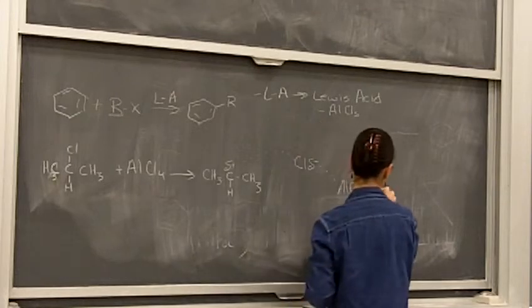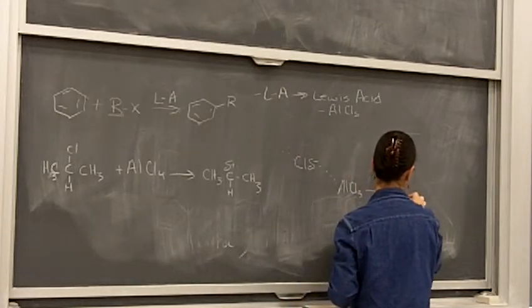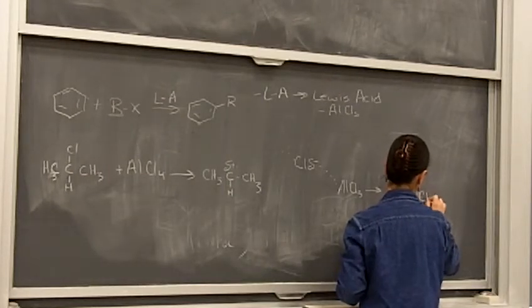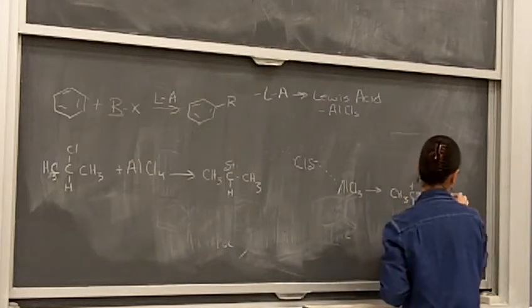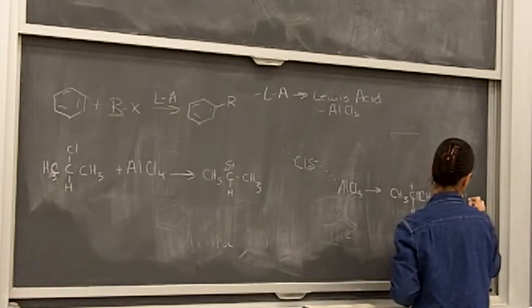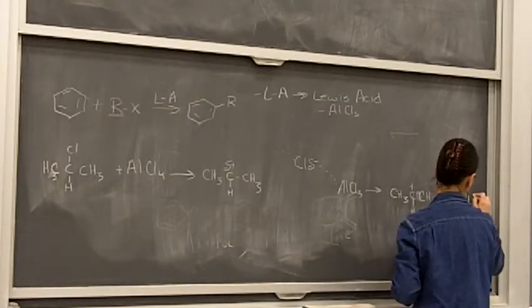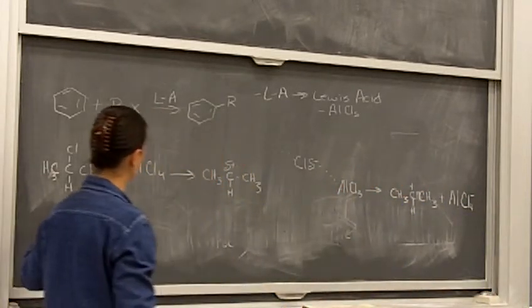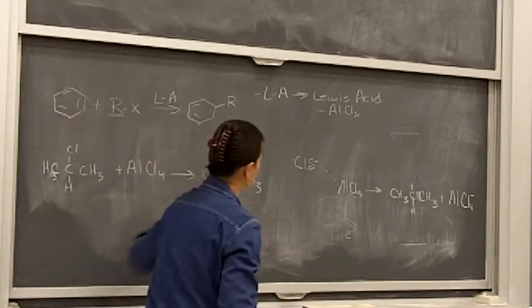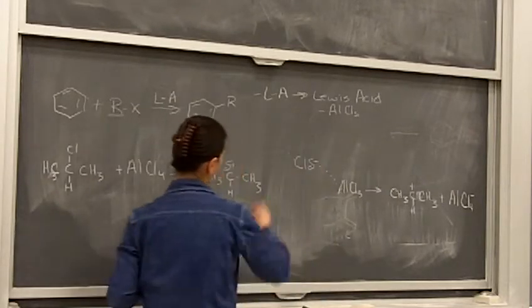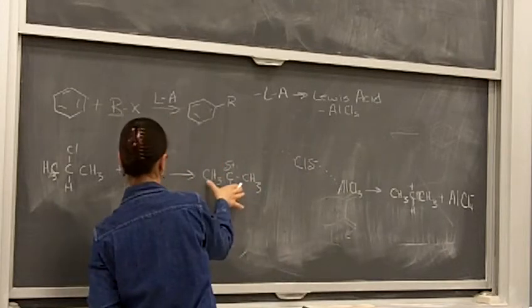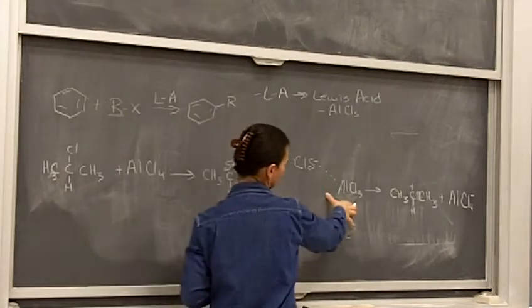And so then in the end, we get this carbocation, and then in this case we get aluminum tetrachloride, and that has a negative charge on it, okay? So there's this in between here, where we've got this chlorine that's between our chloropropane and the aluminum chloride.